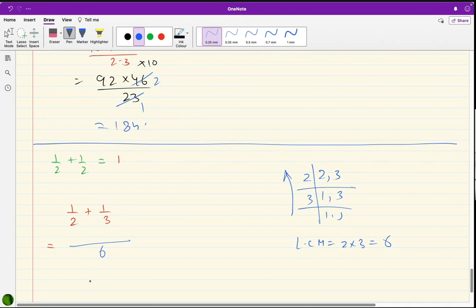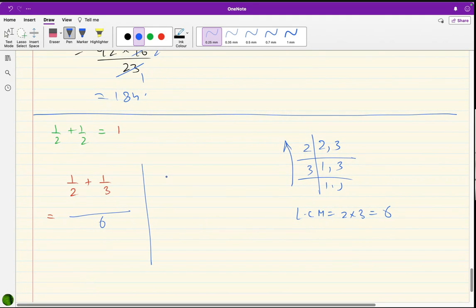There are different ways which have been taught in school. For 1 by 2 plus 1 by 3, some prefer to multiply this with 3 and this with 2 to make the denominator the same. This would be 3 by 6 plus 2 by 6, and when the denominator is the same, 3 plus 2 is 5 by 6. The other way is what we are doing on the left hand side.